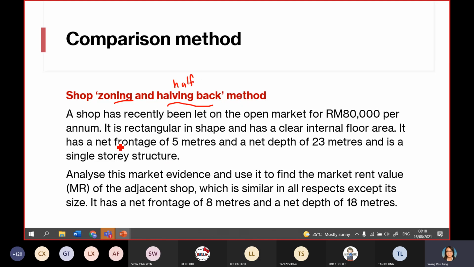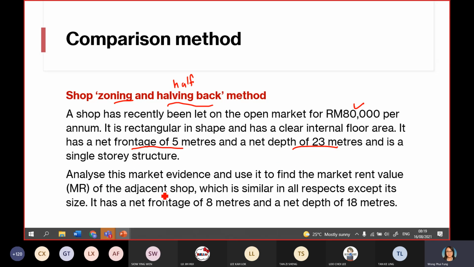So when you read the question, a shop has recently been let on the open market for 80,000. So this is a rental. It is rectangular in shape and has a clear internal floor area. Frontage 5 meter, depth 23, and is a single story structure.